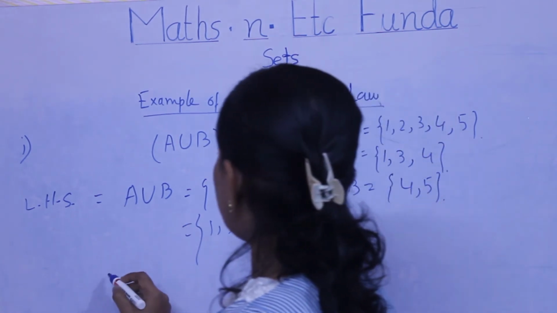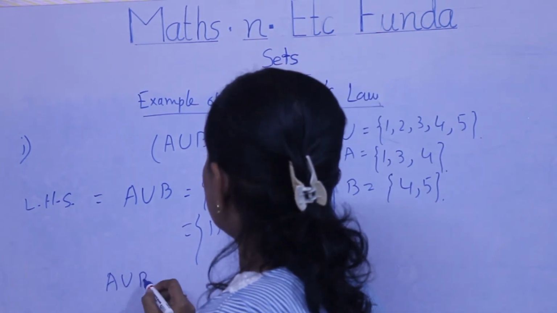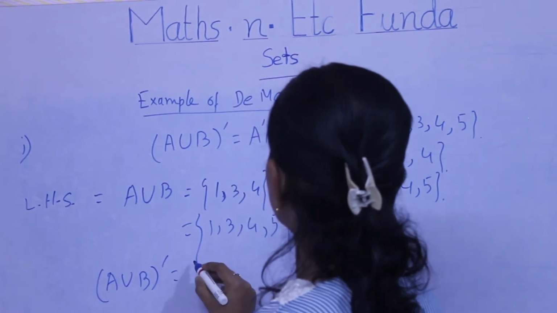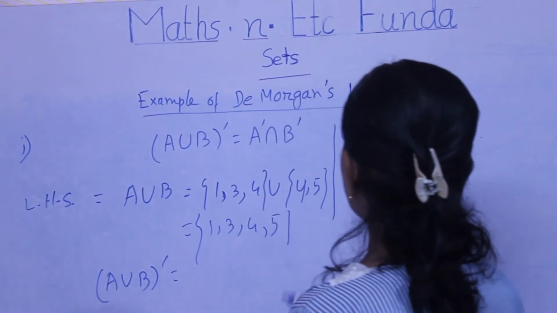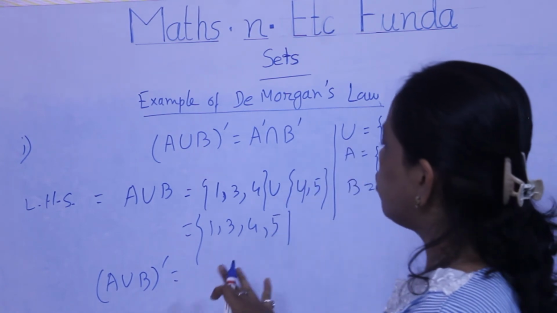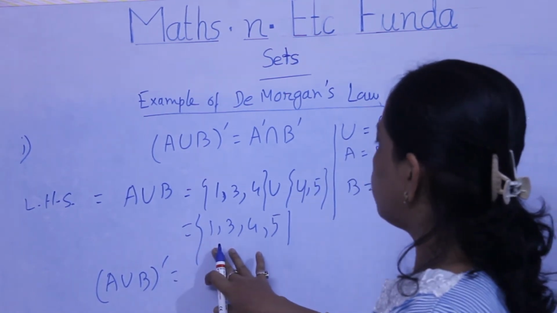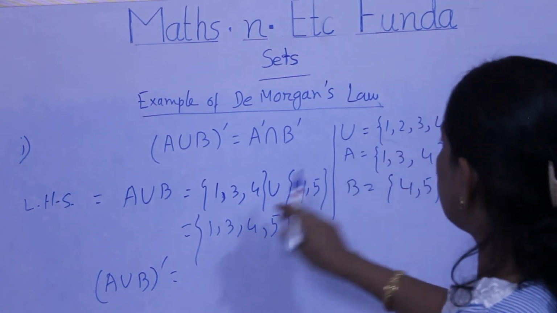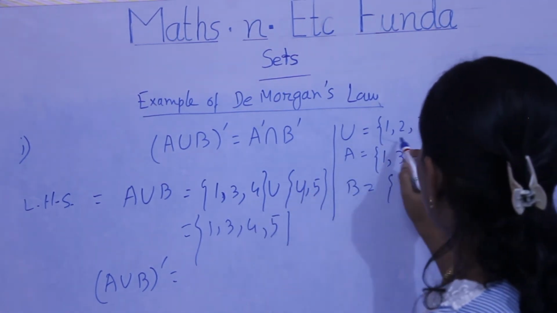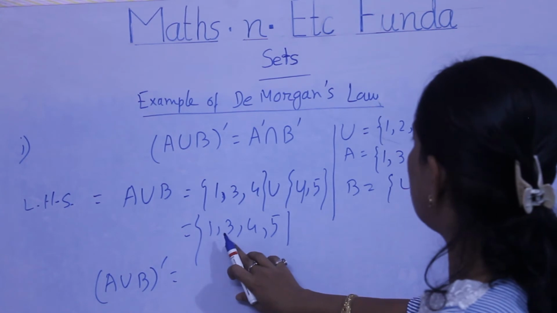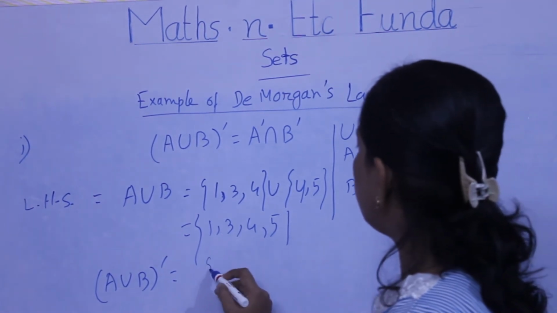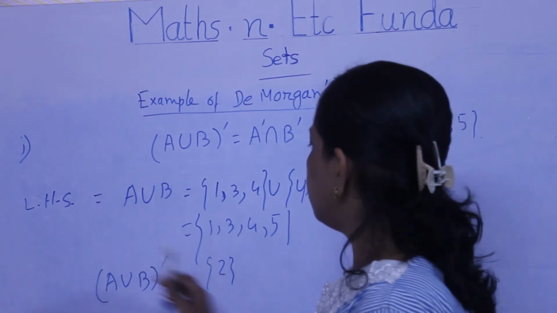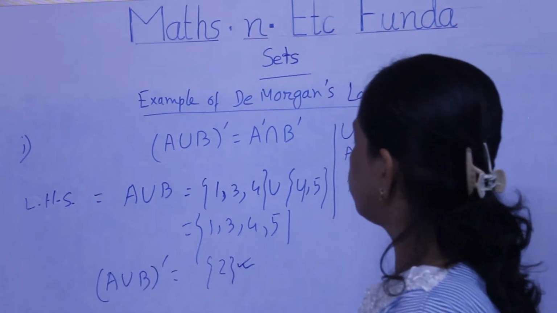Now the complement of A union B is equal to the elements present in the universal set but not in A union B. So which elements are in the universal set but not in A union B? The universal set is 1, 2, 3, 4, 5, but A union B is 1, 3, 4, 5. So the element will be 2. So the left hand side is equal to {2}.